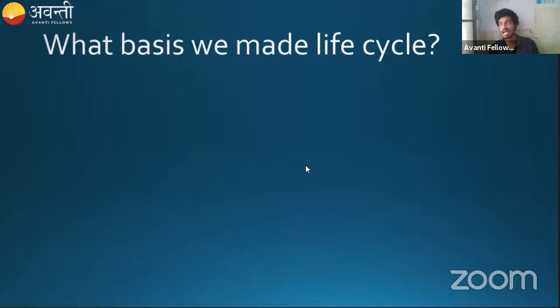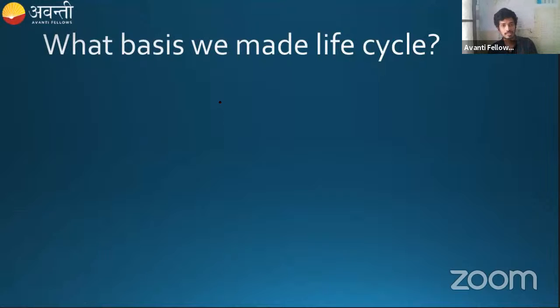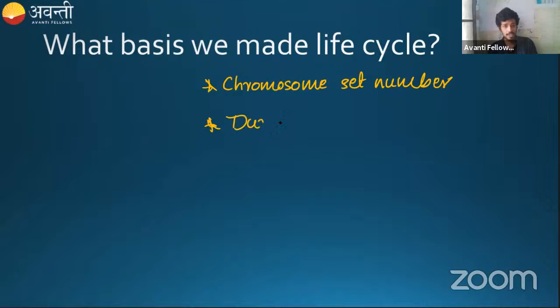So, we keep it that way. On what basis did we actually make a life cycle? Okay. We made the life cycle on two things. One is the chromosome number, the chromosome set number, that's really important. And the second is the duration of the phase.